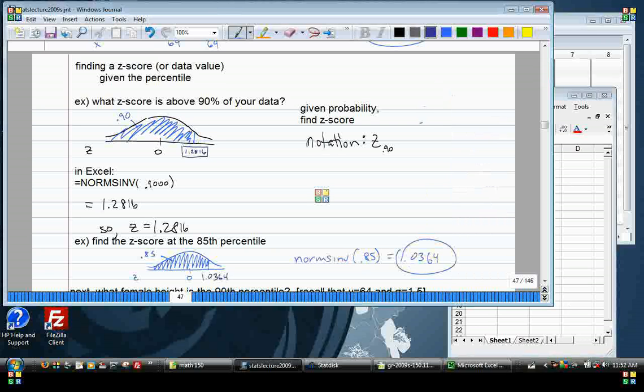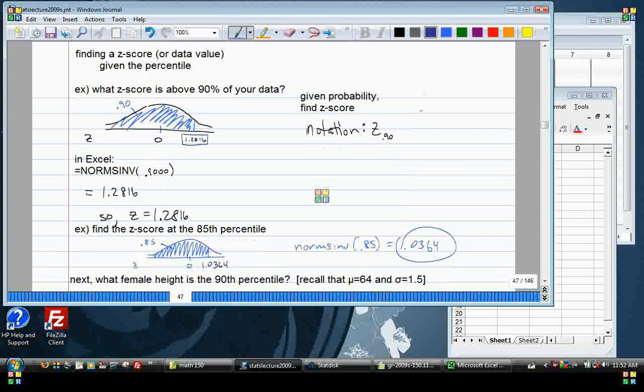Good? All right. Next. What female height is the 90th percentile? So how do we do this? First we draw the picture.